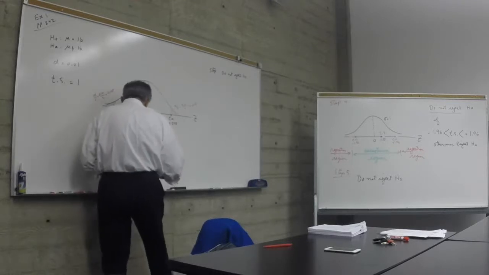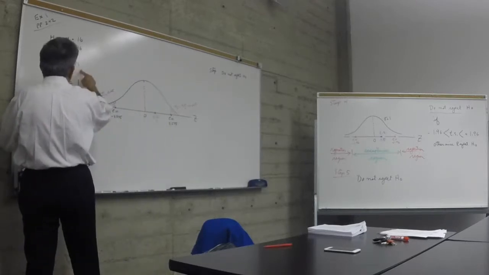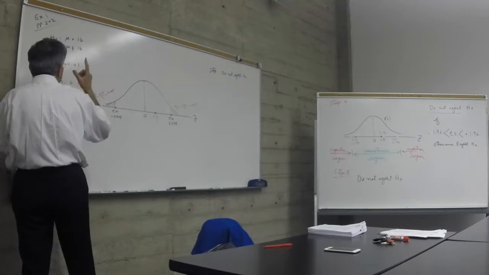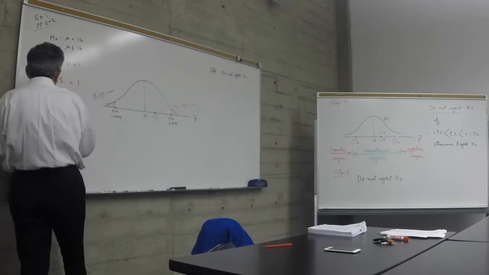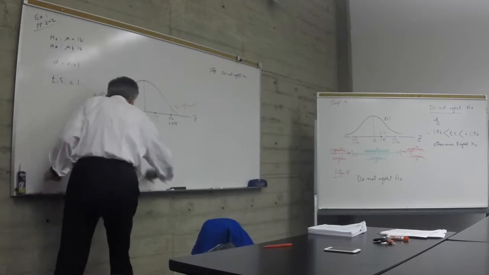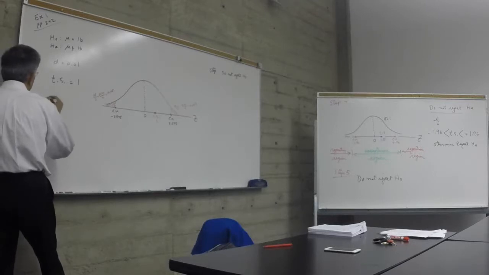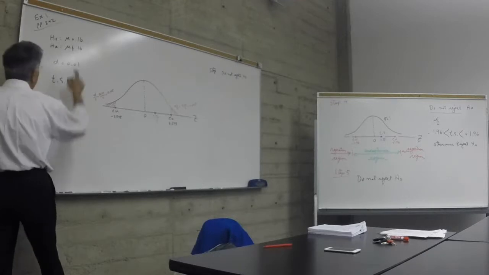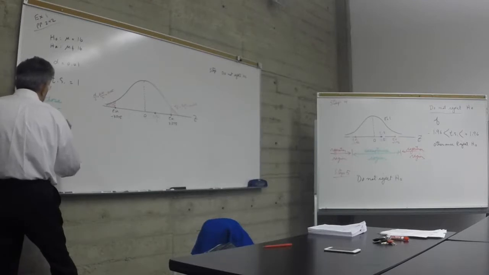For instance, if I were to choose rather than alpha of 1%, if I had chosen in the beginning alpha of 5%. Okay, so let's do with the green ones. If I chose alpha of 5% instead of 1%, then for alpha 5%, critical values would have been plus or minus 1.96.